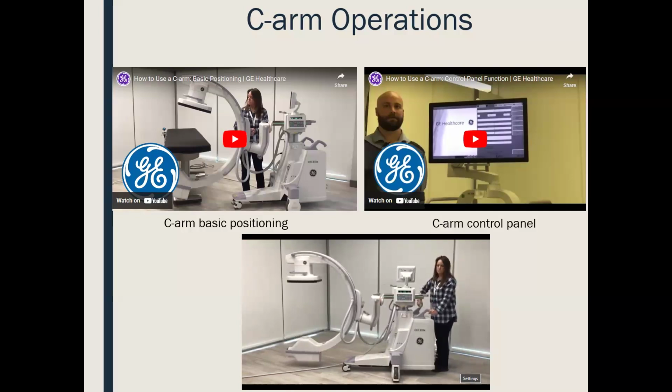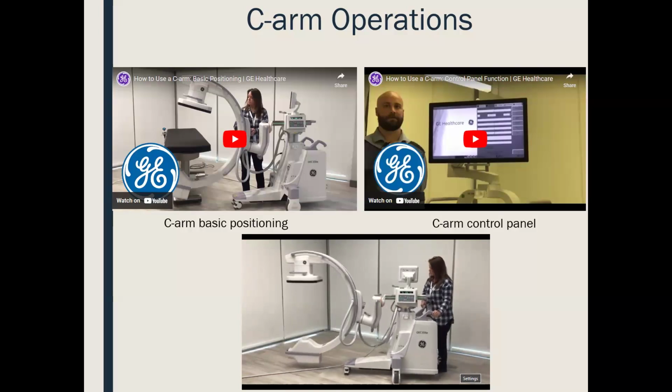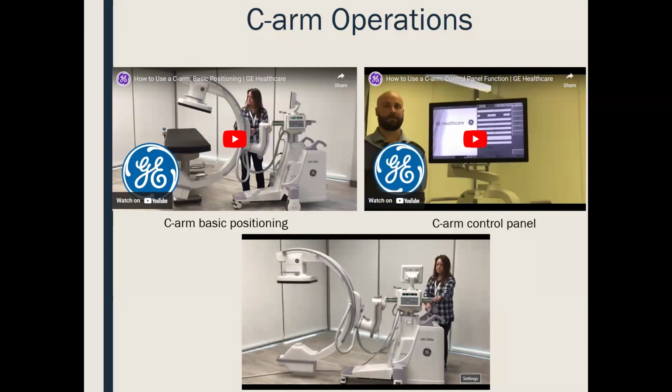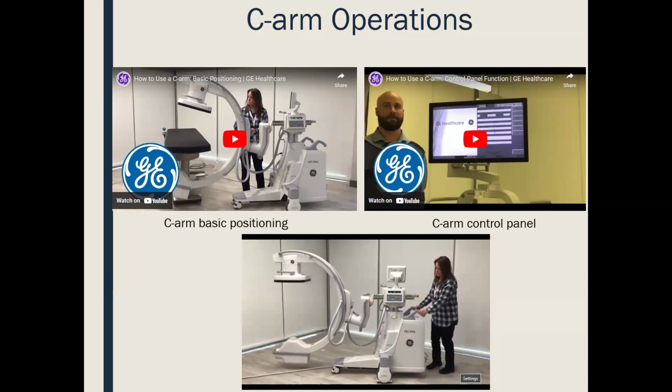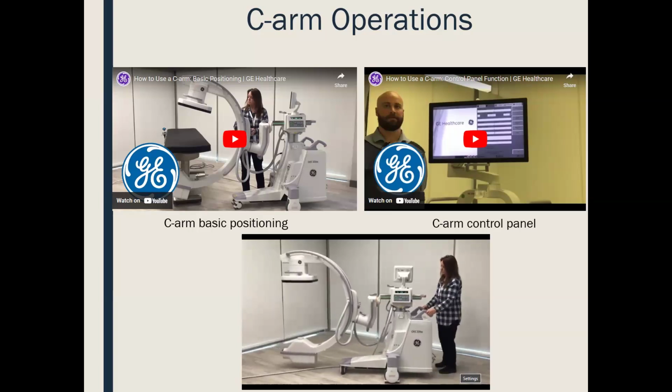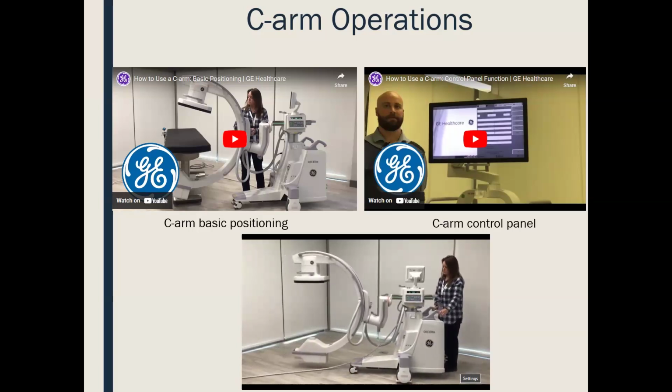You turn the steering handle side to side. It allows you to move the system straight sideways, either direction. And then when you turn the handle straight forward, notice the wheels turn back and allow you to move the C-arm forward and backward. It just gives you complete control of the system to be able to move it either direction you want without having to force.